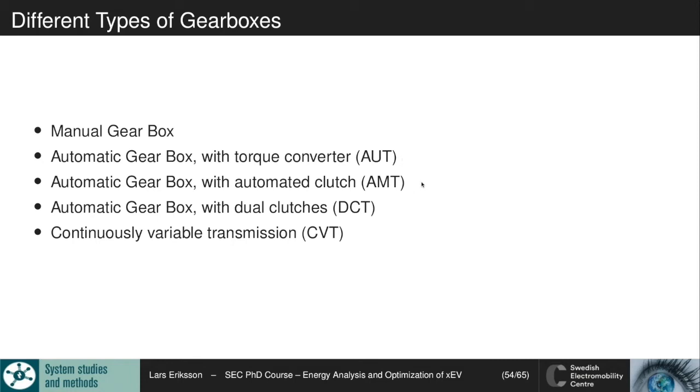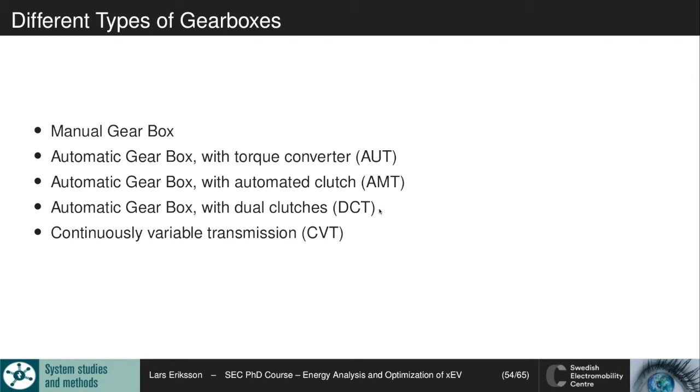Then we have the automatic gearbox with automated clutch, AMT, automated manual transmission, where we're using a control system to control the clutch and control the gearings. This is the way Volvo and Scania truck companies are using in their heavy-duty trucks.